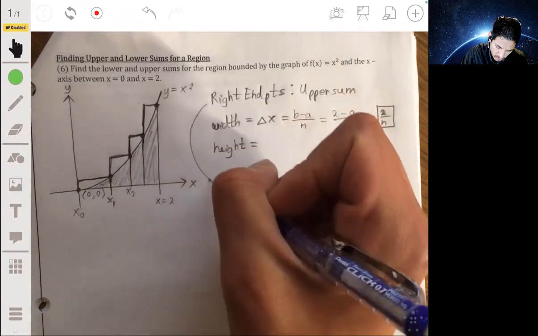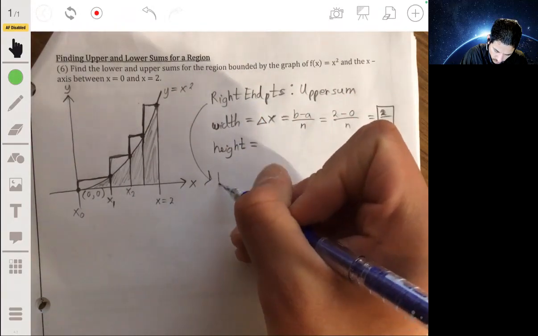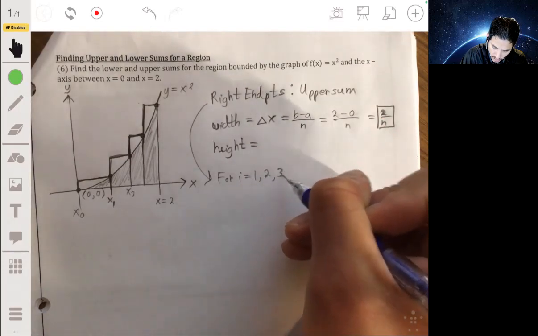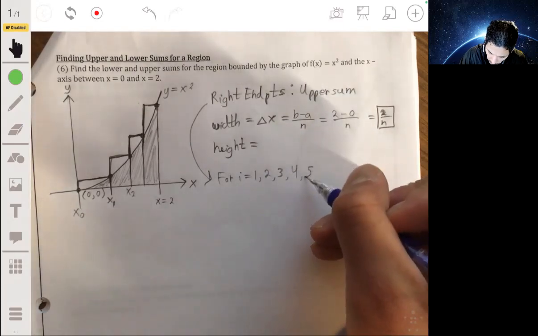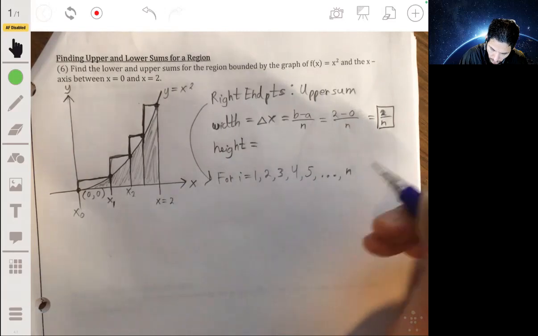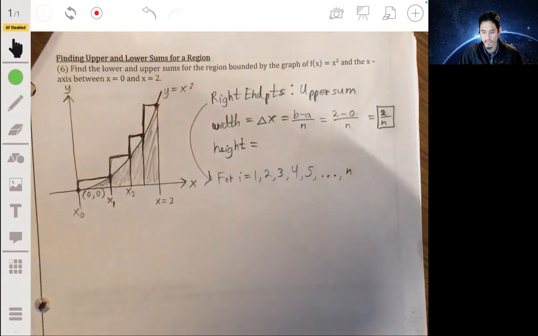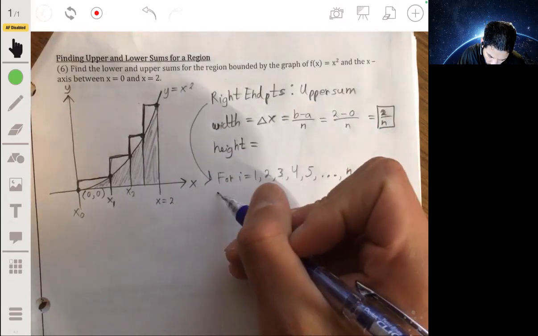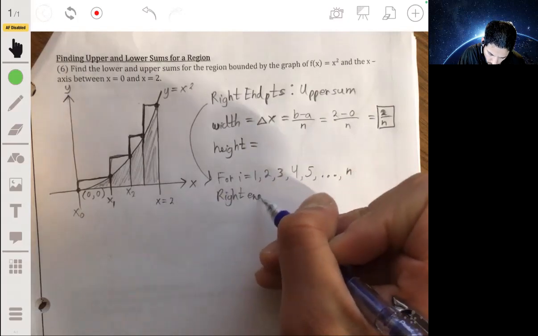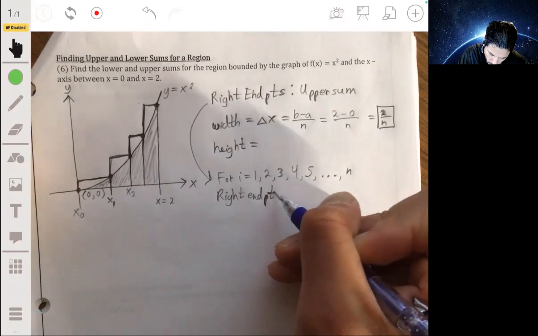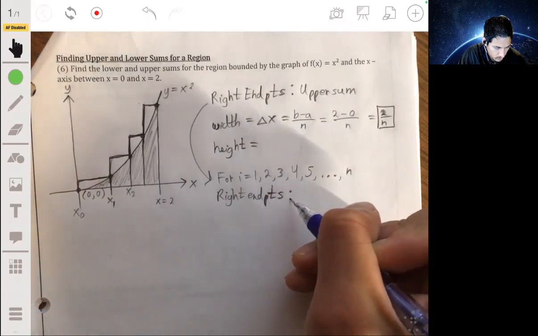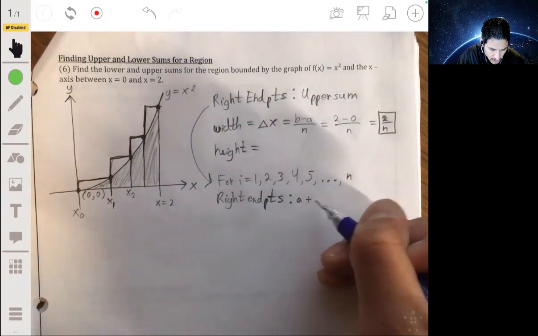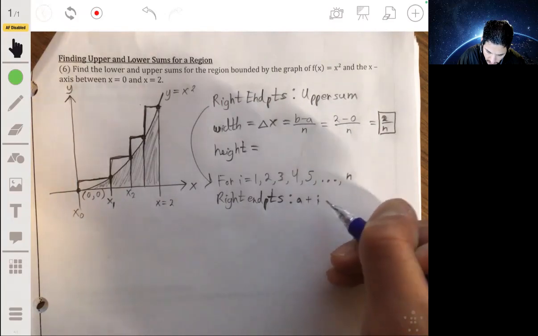For i equals 1, 2, 3, 4, 5, all the way to n. A general formula you can use, if you need one, is just a plus i times delta x.